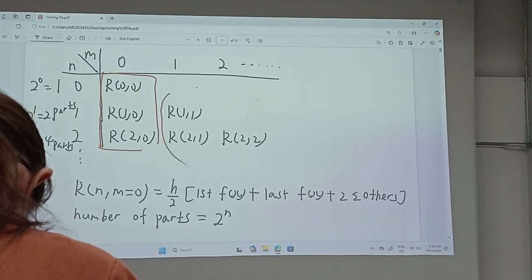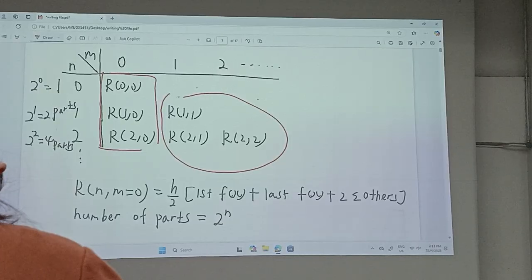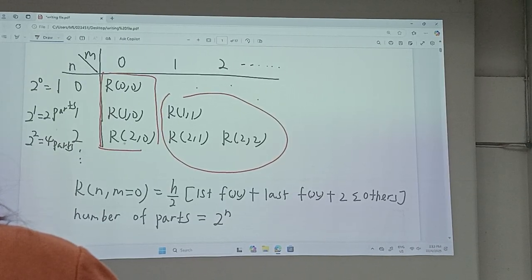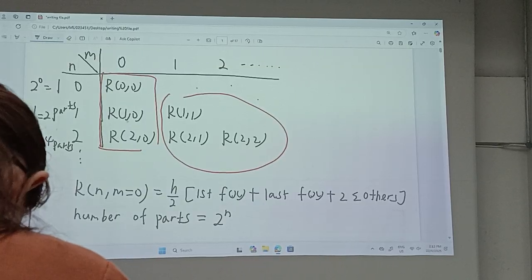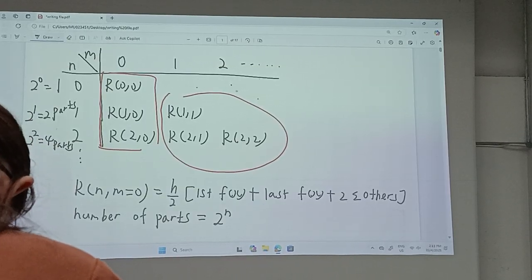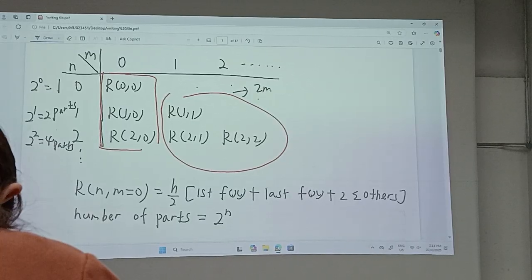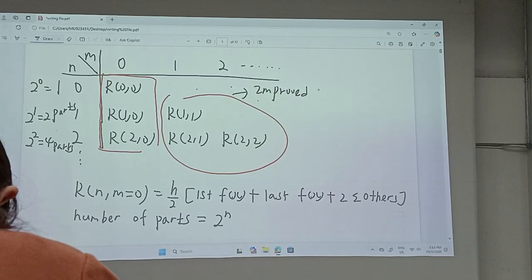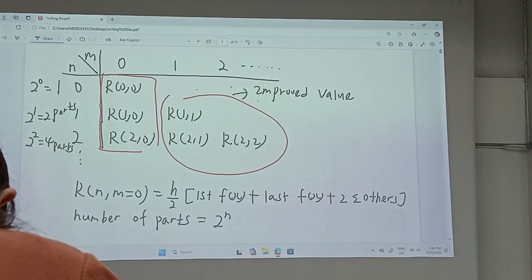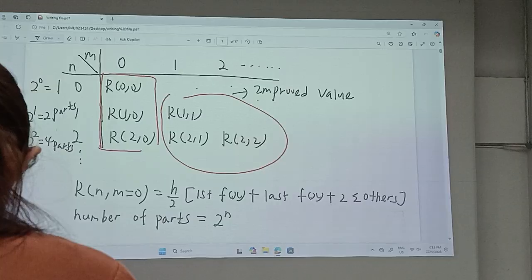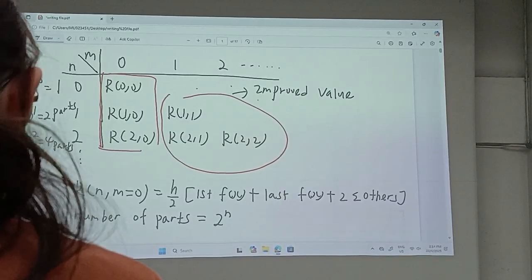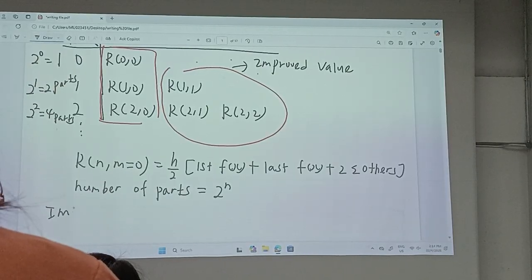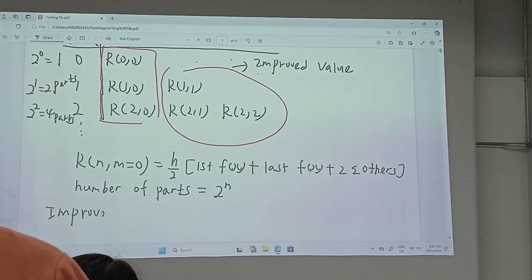How about all the R here? Okay. So once we find out the R by using the trapezoidal rule, we need to improve the value. So here we call it an improved value. So how to get this improved value, right? That's a formula.